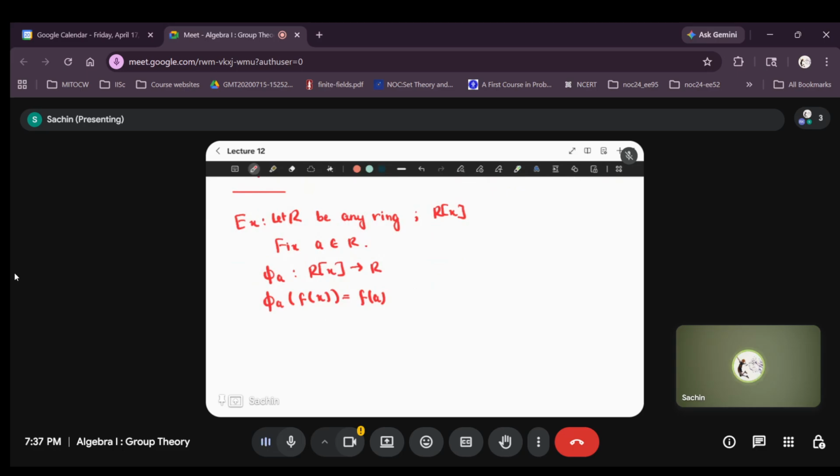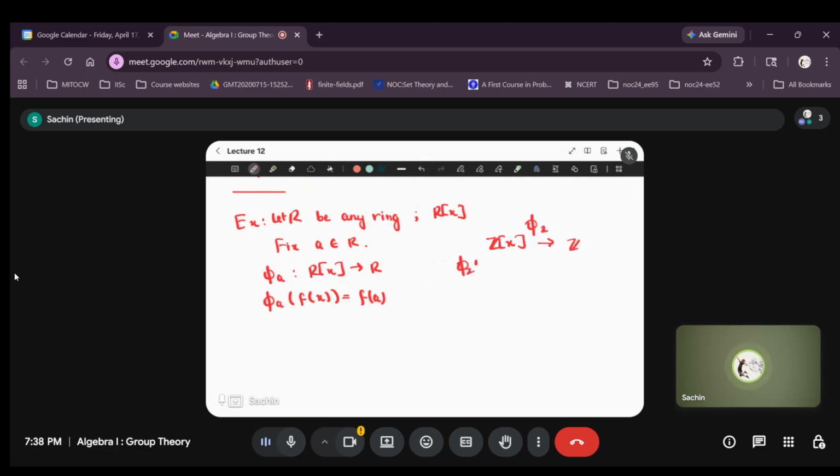We pick a constant, because for each value of a, this is different. You pick one value a in the ring R. For example, consider R to be Z. Then from Z[x] to Z, you have, let's say, phi 2.